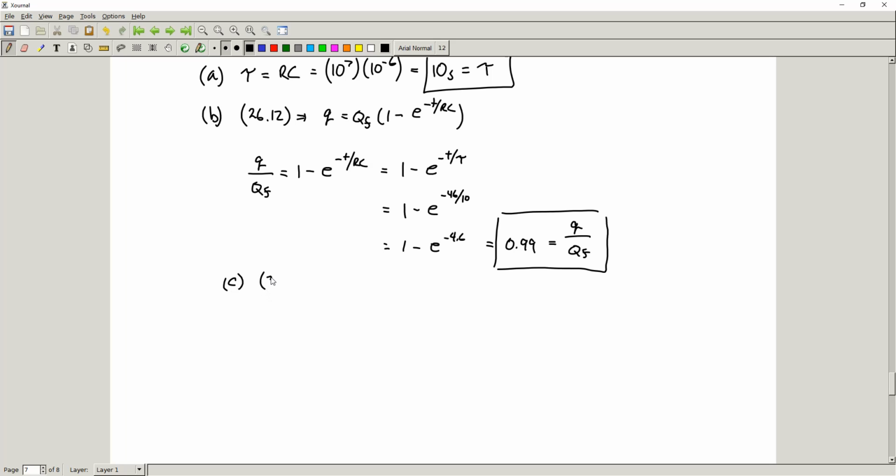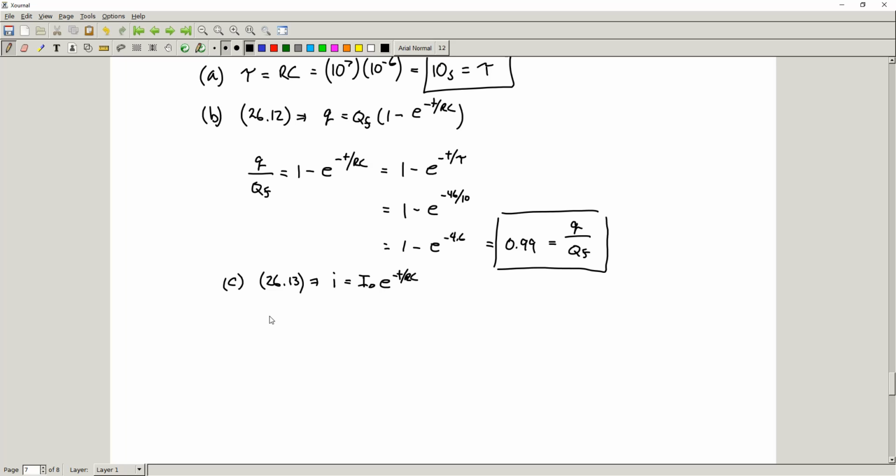So we're going to use equation 26.13 here. Equation 26.13 gives us I equals I naught, this is our initial current, times e to the minus t over RC. But first we're looking for the fraction again.